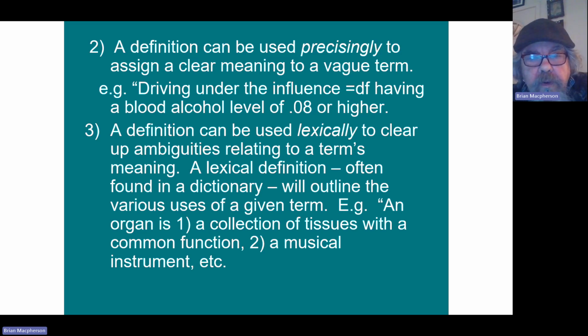I'm giving you a simple example here. An organ is one, a collection of tissues with a common function, two, a musical instrument, and so forth. So what a lexical definition does is it tells you the different meanings of the term. And as a result, you're getting rid of the ambiguity of a natural language term.